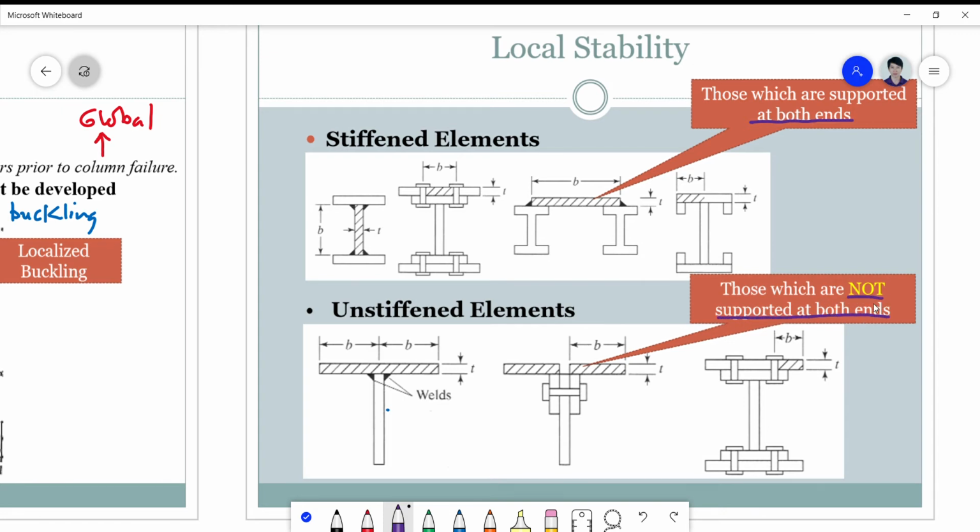So when you say not supported at both ends, it is only supported at one end. So the support is at one end only. So here's an example of a supported element. Okay, shaded here. Also this one, because they are supported on both ends. This is an example of a stiffened element supported on both ends. This is also an example of a stiffened element supported on both ends. Okay, so these are the ends that support them.